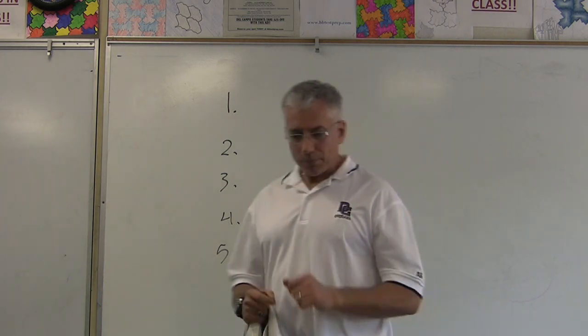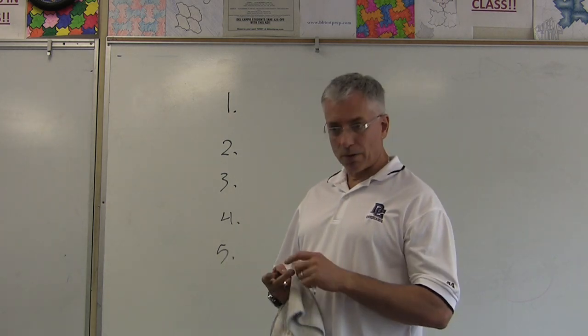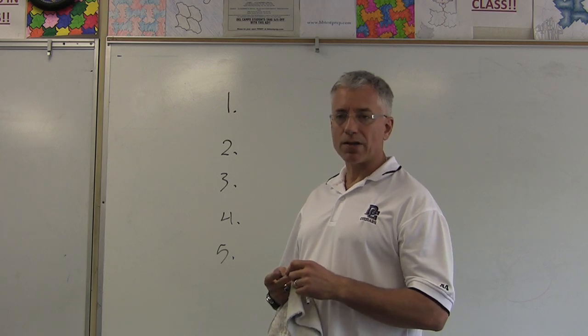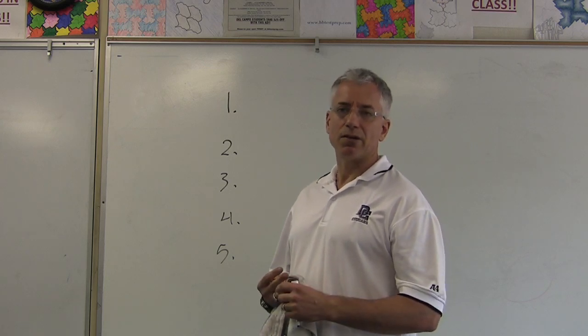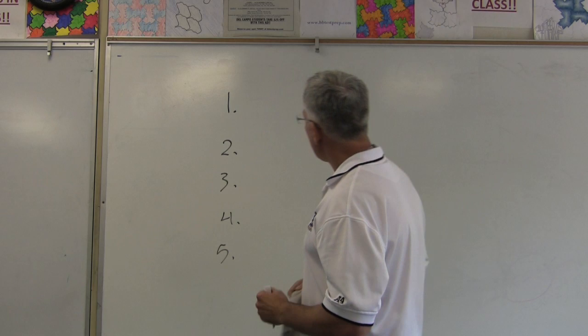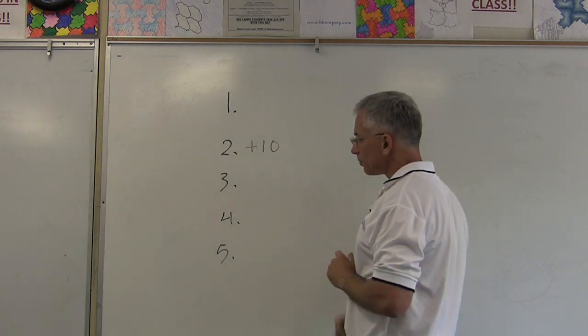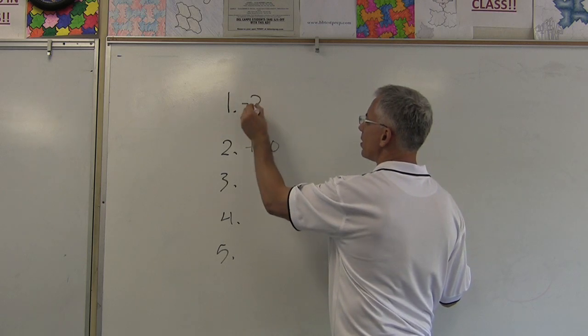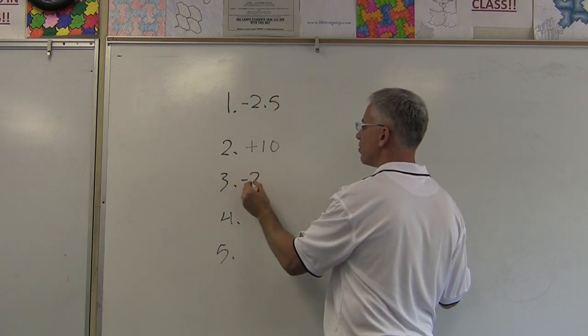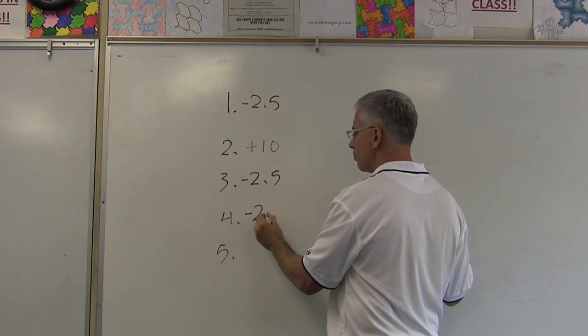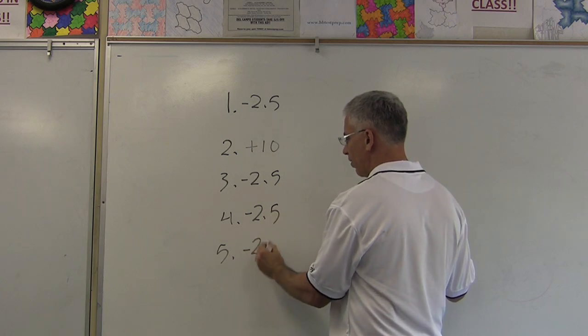Remember, you get plus 10 for a correct answer, or minus 2.5 for a wrong answer, or if you leave it blank you get plus 0, nothing happens to your score. So let's just say I get this one correct. I get plus 10 on that one, and I miss the other ones. Here's the math: minus 2.5, minus 2.5, minus 2.5, minus 2.5.